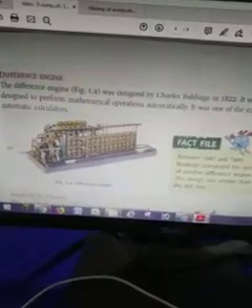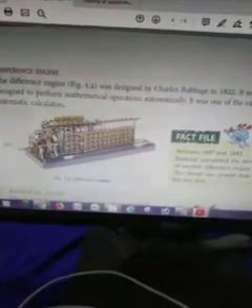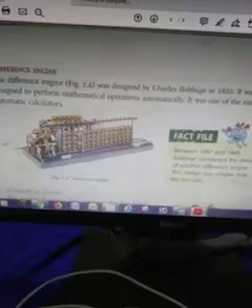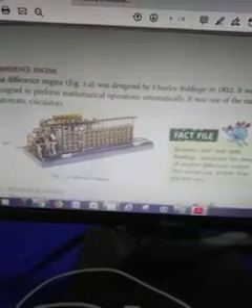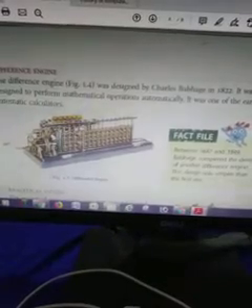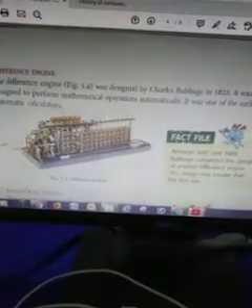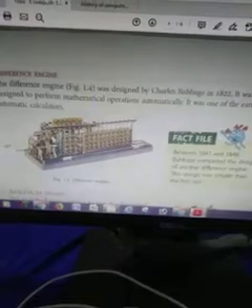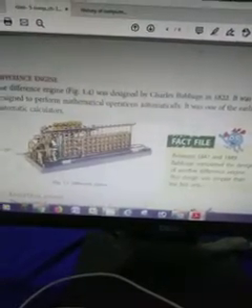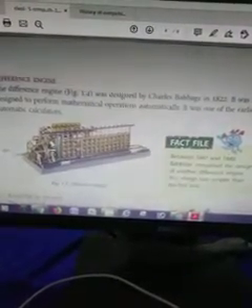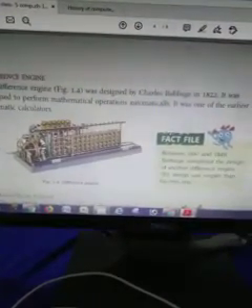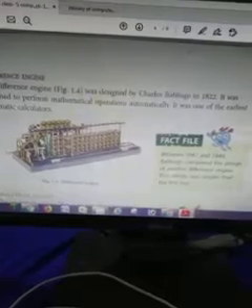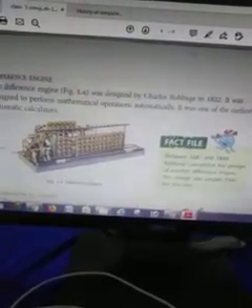Difference engine. The difference engine was designed by Mr. Charles Babbage, who is known as the father of the computer. He worked on the difference engine for 10 years. He started his work in 1819 and handed it over in 1829.